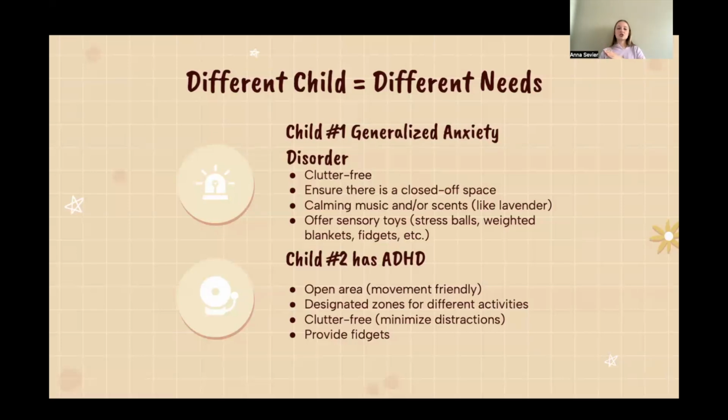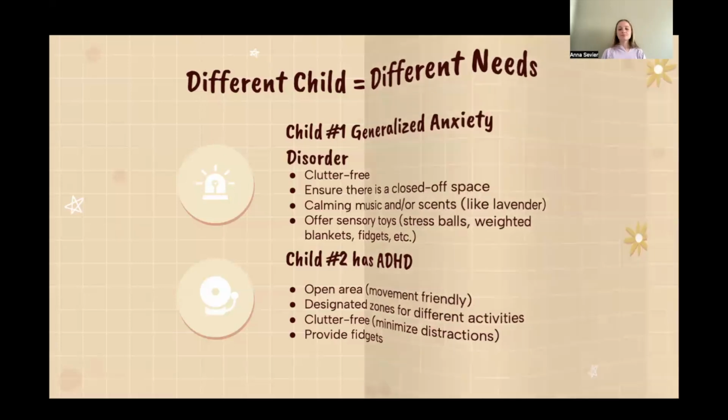Just having those designated spaces to keep their focus on one thing at a time. This child also will probably need a clutter-free environment just to minimize distractions. And lastly, fidgets are also a great thing for kids with ADHD or just really active kids, so that their active mind can manifest physically and they're able to focus better.